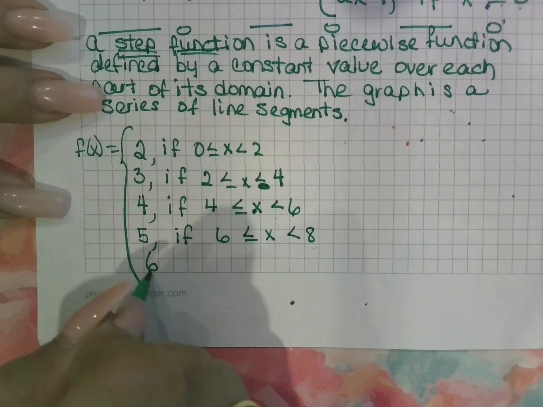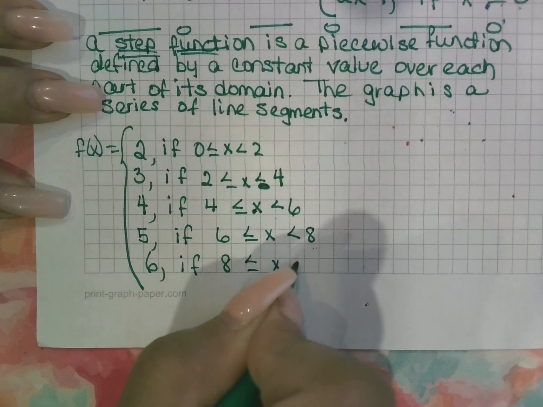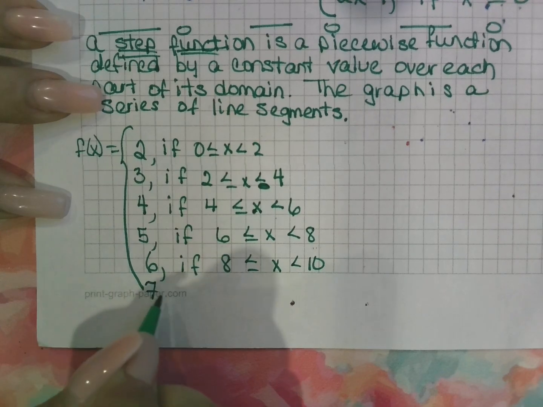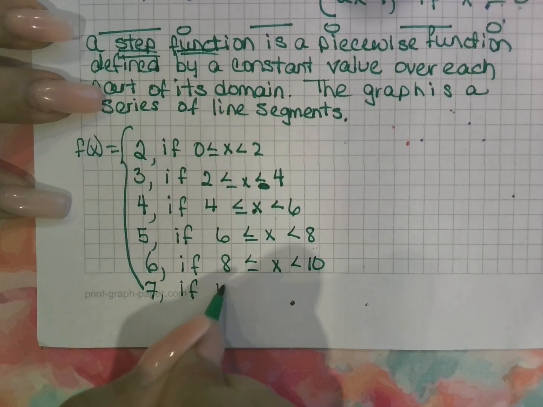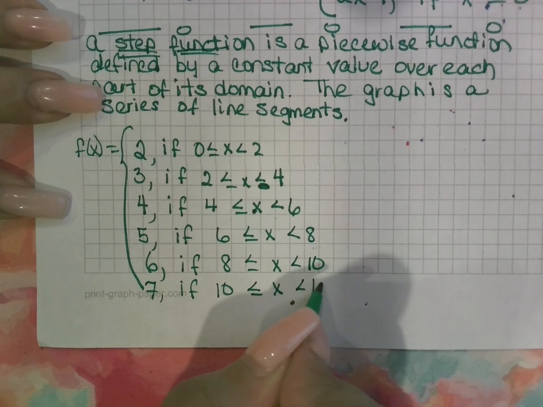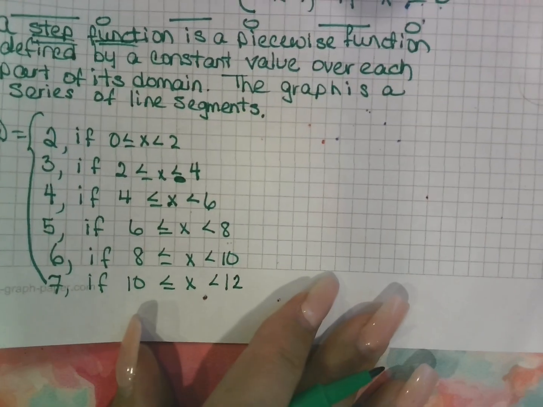It's going to be 6 if 8 is less than or equal to x less than 10, and it's going to be 7 if 10 is less than or equal to x less than 12. All right, let's see if I can fit this in.